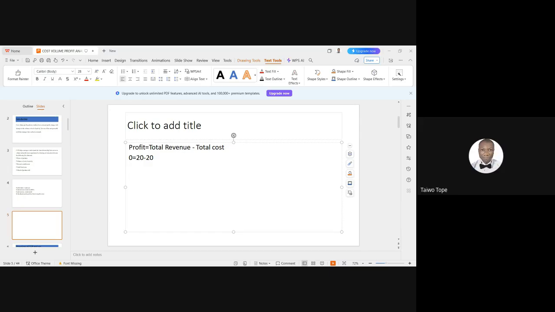Yes, contribution is selling price less variable cost. If it is in total, it can be total revenue less total variable cost. So we have contribution margin, the portion of sales revenue that contributes to covering fixed cost and profit.